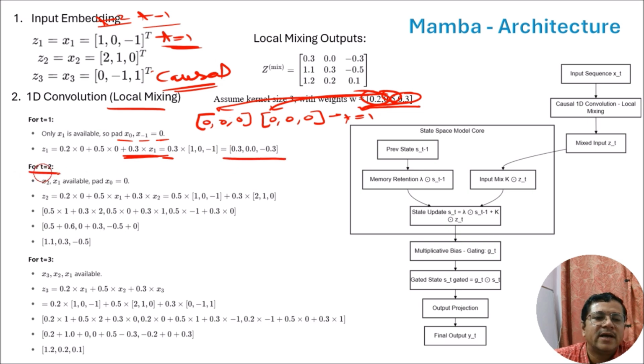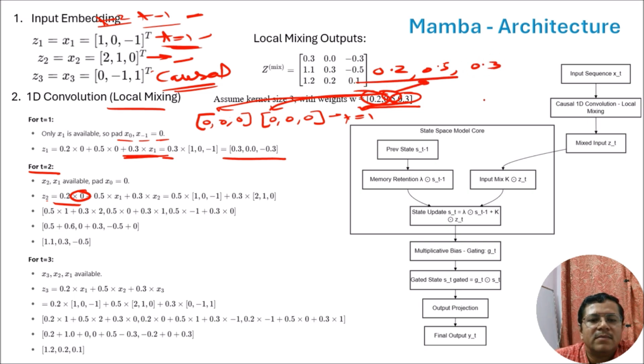Similarly for t equal to 2. At t equal to 2, we will be here. Now we have a kernel of size 3, so we will be able to see this part, and we have to take one free state. Here one state is free, and 0.2, 0.5 and 0.3 were the values. Here they got deleted by mistake. So the t minus 1 state is x1.